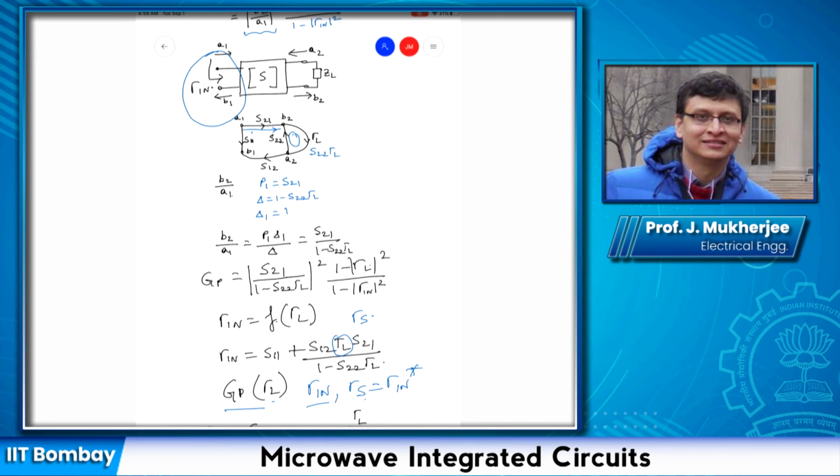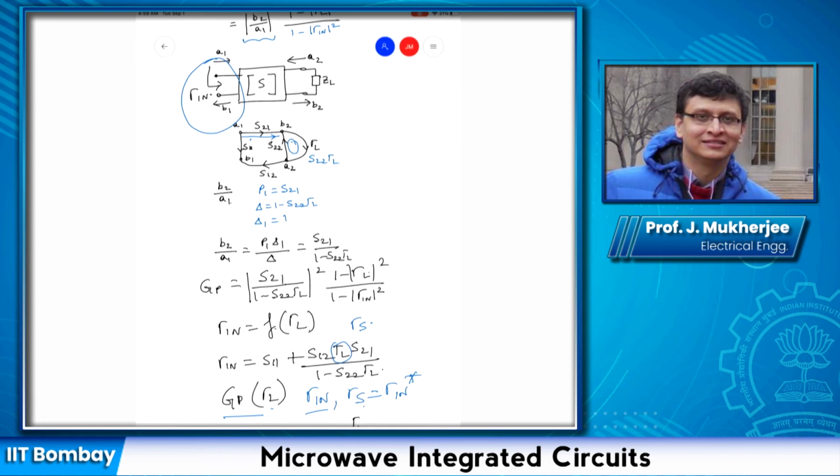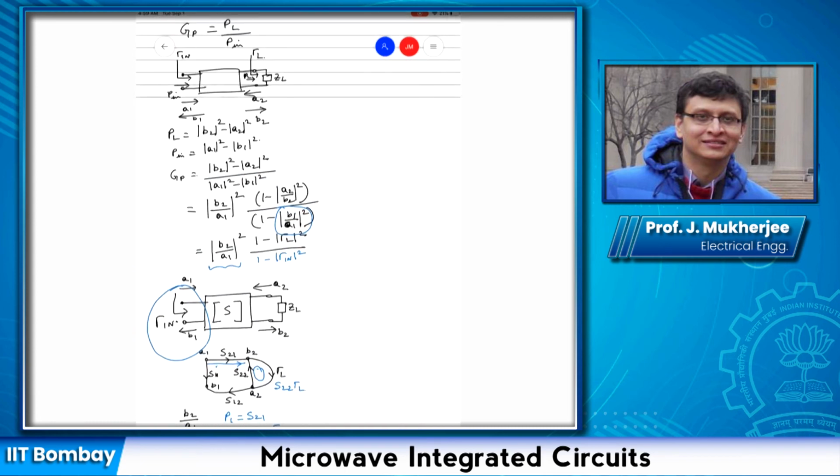But as I said, GP is based on parameters that we are not really that concerned about. For example, the denominator of GP is P in, right? But P in is not a practical term. We don't really care about how much power is entering the input.